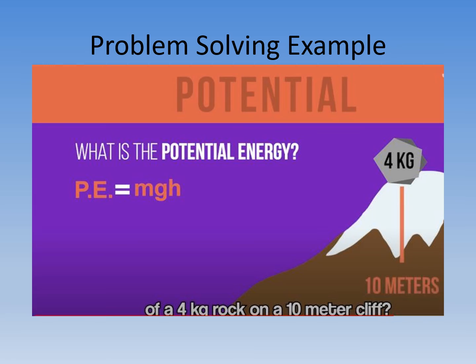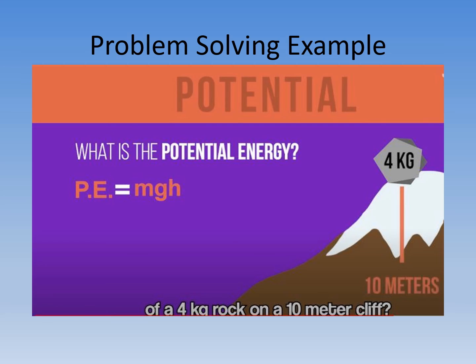Example problem solving for potential energy. So we have to use the formula. Potential energy is equal to mass multiplied by gravity multiplied by height. For the given here, you have 4 kilogram as the mass. The height is 10 meters above.